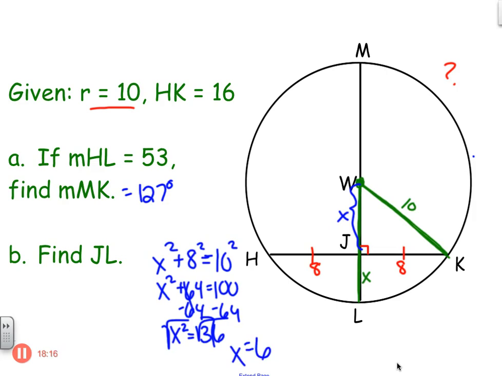Okay, so basically WJ is going to be 6. Okay, now I know that to go from all the way here, it's 10 because the radii are 10. So that means 10 minus 6 is 4. So JL is left to be 4 units long.